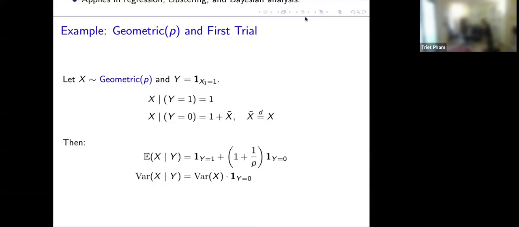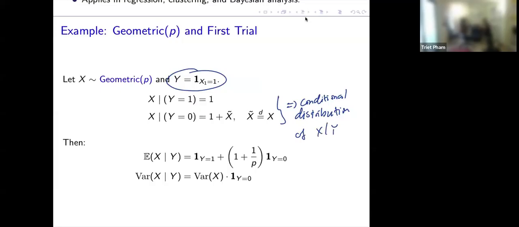The geometric, again, is the first time to a success. And we condition on the first trial, which is right here. By the way, this is the analysis of the conditional distribution. This is a conditional distribution of X given Y.